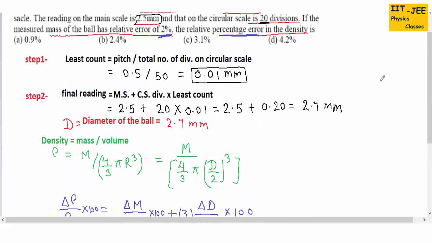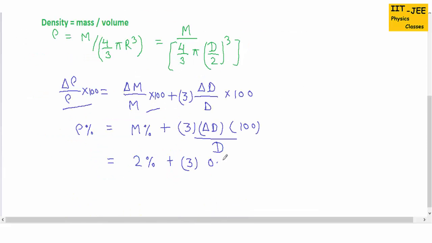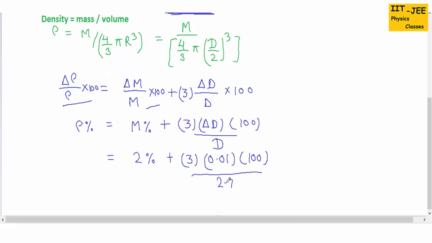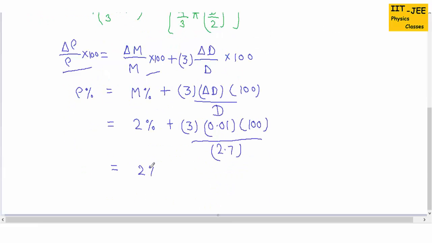We got value of least count 0.01 millimeter. So 0.01 millimeter times 100 divided by, this is the actual value of diameter, and we found it 2.7 millimeter. So 2.7 millimeter here. This will give us 2% plus 1.11. That will give us 3.11 percentage. So we got percentage error in density equals 3.11 percentage.